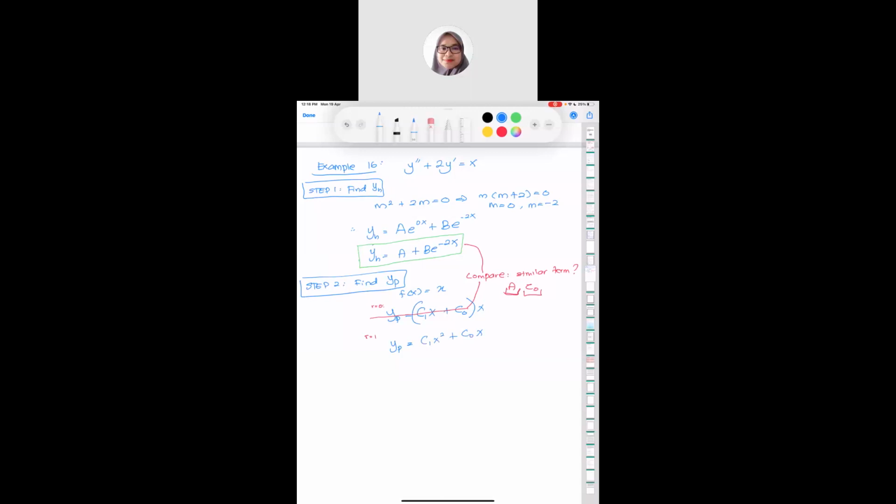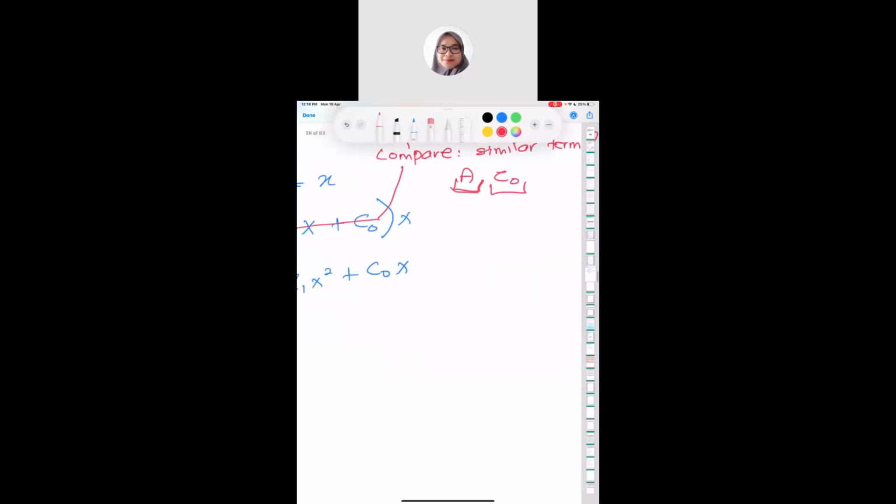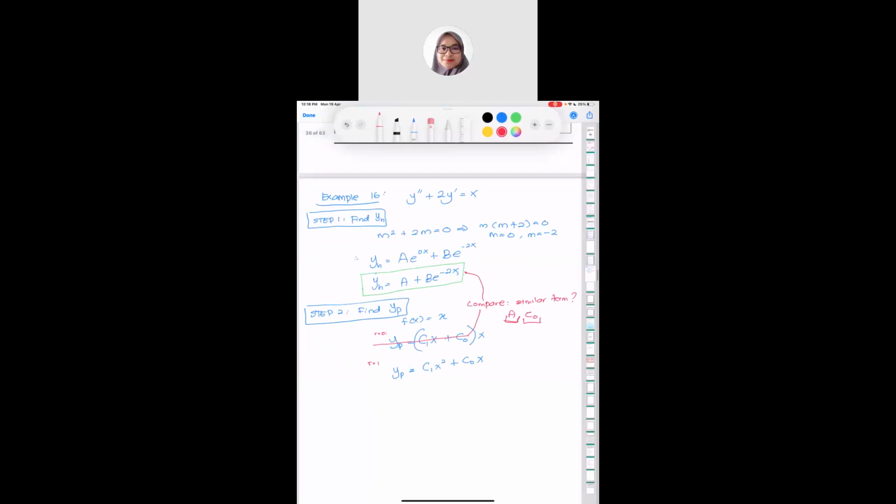Okay, so kita ada new YP kat sini. Okay, so sebelum you start lagi, compare lagi dengan YH. Compare pula yang ni. Okay, ada similar term tak? Okay, yang ni yes tadi. So we cannot use R equal to 0, we use R equal to 1. So once we use R equal to 1, kita compare lagi. Do we have the similar term?